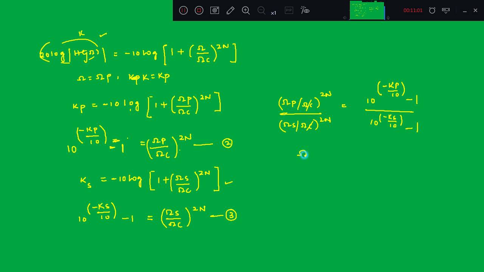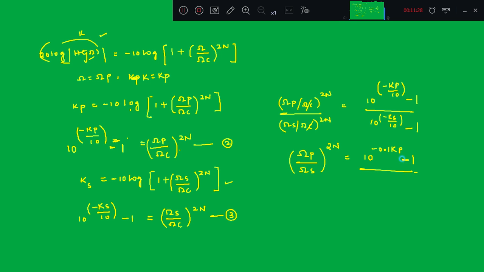So you will get (ωp/ωs) raised to 2n equal to 10 raised to minus 0.1 kp, minus 1, divided by 10 raised to minus 0.1 ks, minus 1.